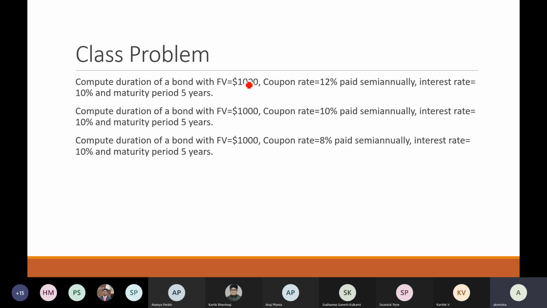In the first case, your face value is 1000, coupon rate 12%, and payment is semi-annual. In the second case, it is 10%. Your required rate of return or interest rate is 10%, and the third case is 8 and 10%. So can you solve? And I need at least 4 students so that we will be able to decide whether you are able to calculate correctly or not, the way we did in yesterday's session.